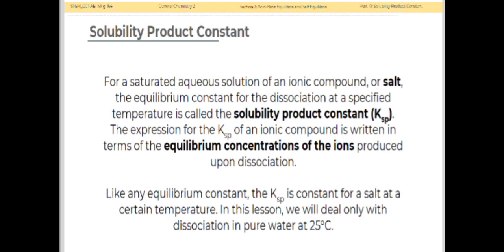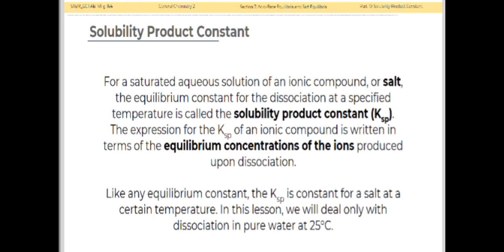For a saturated aqueous solution of an ionic compound, which we will refer to as salt, the equilibrium constant for the dissociation at a specified temperature is called the solubility product constant, or K with the subscript sp.